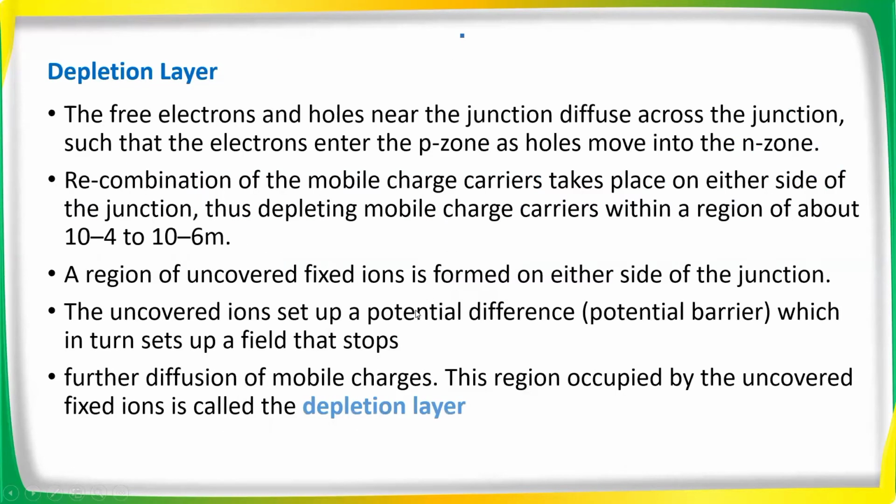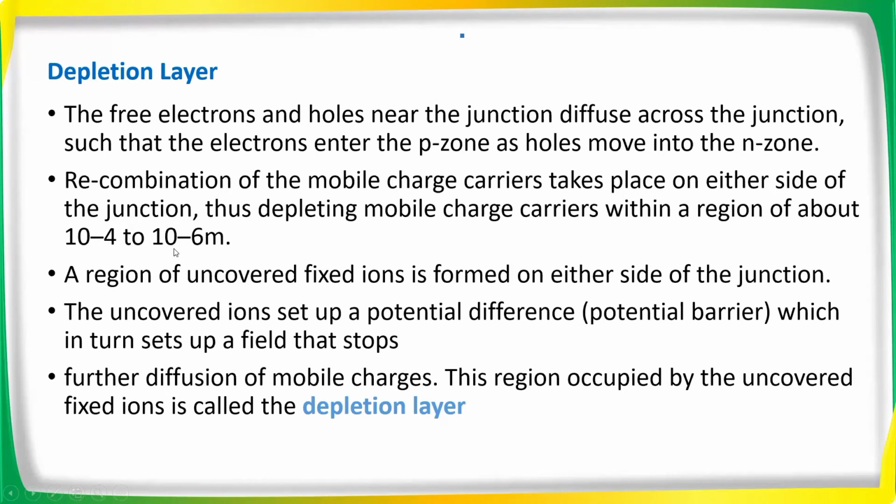There'll be movement at the junction where the electrons are diffusing to the holes and the holes are diffusing to the electrons. Now the charges recombine so that it becomes a neutral position, a region of about 10 to the power of -4. This should have been a superscript.